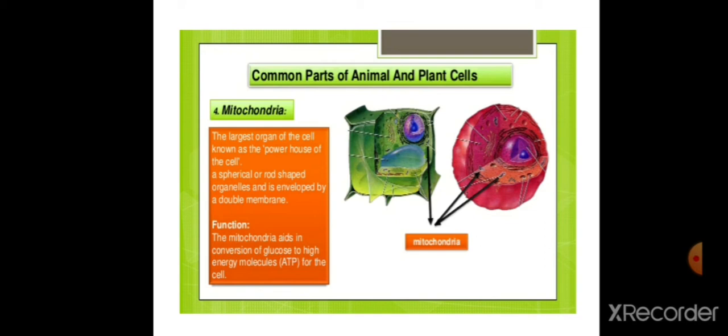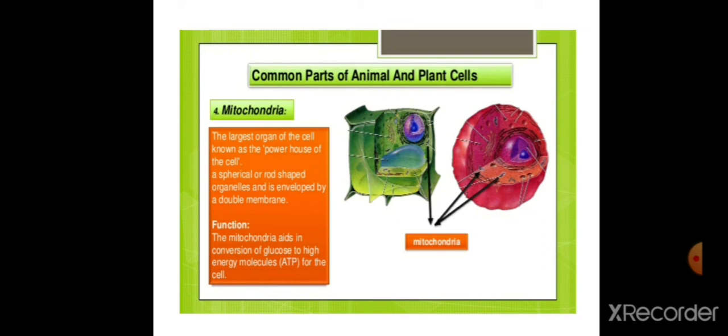Now, why is it called a powerhouse of the cell? Because the thing which is giving us energy is respiration, right? So this reaction of respiration takes place in the mitochondria. That is why it is giving you energy, right? So it is called the powerhouse of the cell.